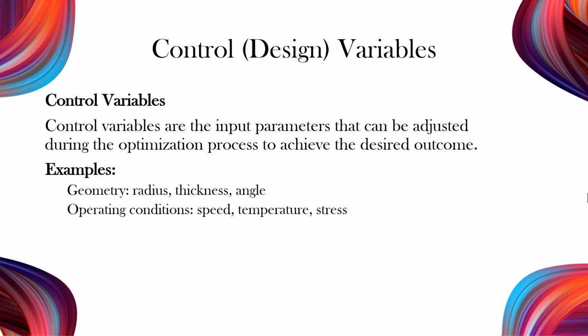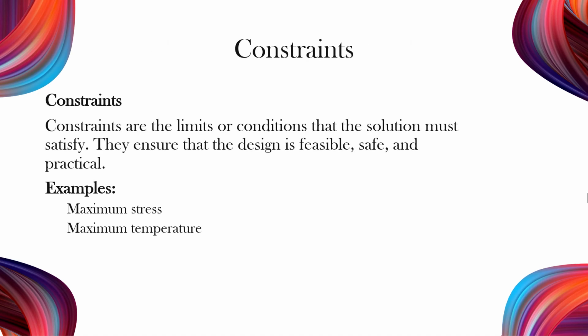These variables can include geometric parameters such as radius and thickness, or operating conditions such as speed, temperature, or applied stress. Constraints are limits or conditions that the solution must satisfy. They ensure that the design is feasible, safe, and practical. For example, you might limit the stress in a structure or set a maximum temperature for a device.